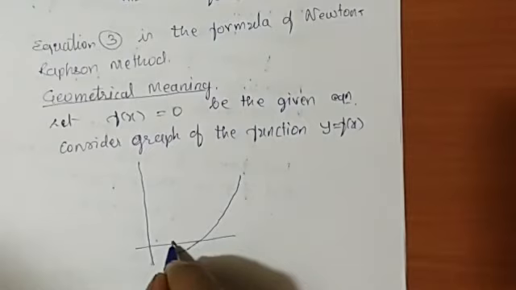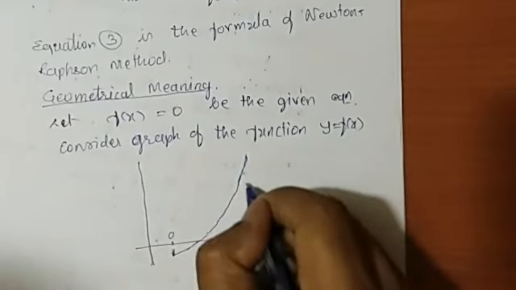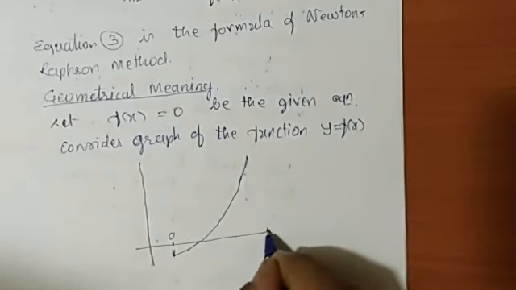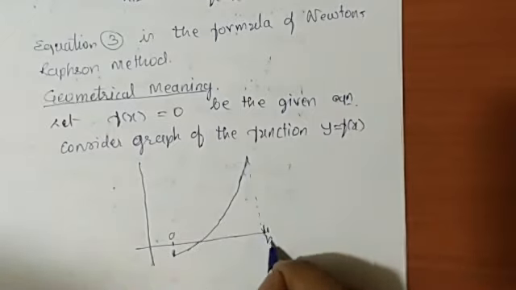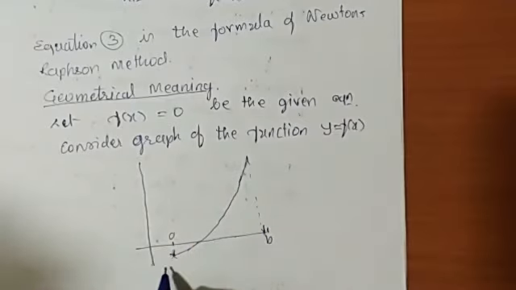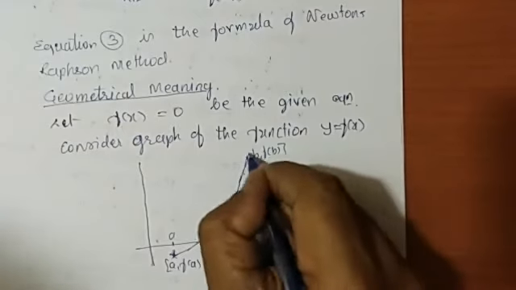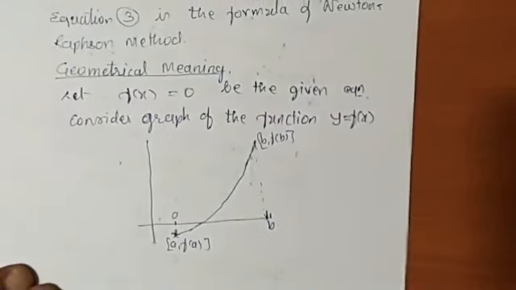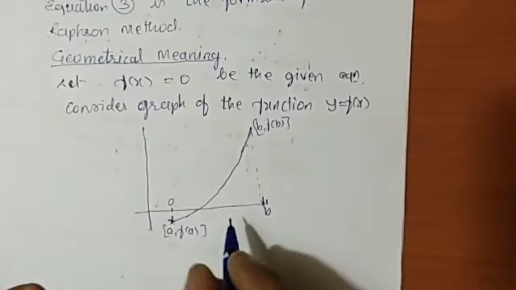So this is my A, and this is my B, so that A, f of A and B, f of B. Here f of A is negative, and f of B is positive.